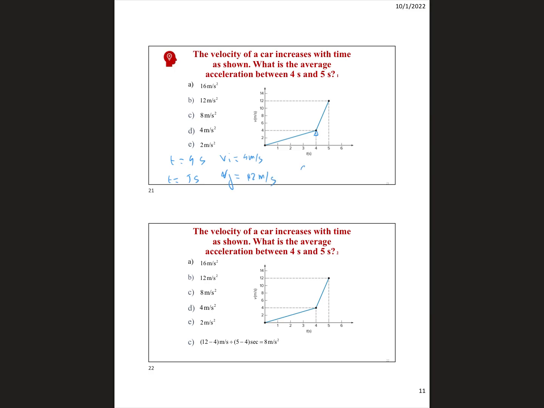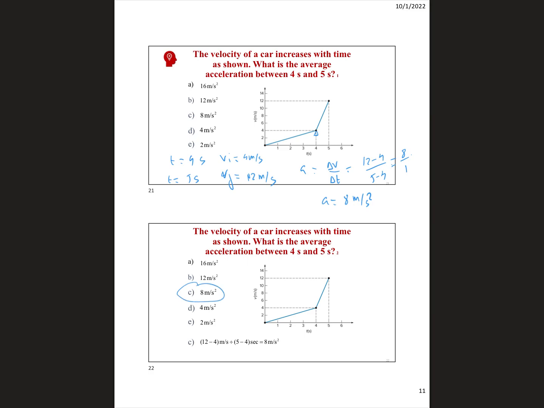What is the average acceleration? It is the change in velocity per unit of time. The change in velocity, 12 minus 4. The change in time, 5 minus 4. 12 minus 4 is 8. 5 minus 4 is 1. So the acceleration, A, is 8 meters per second squared. So this is the correct answer.